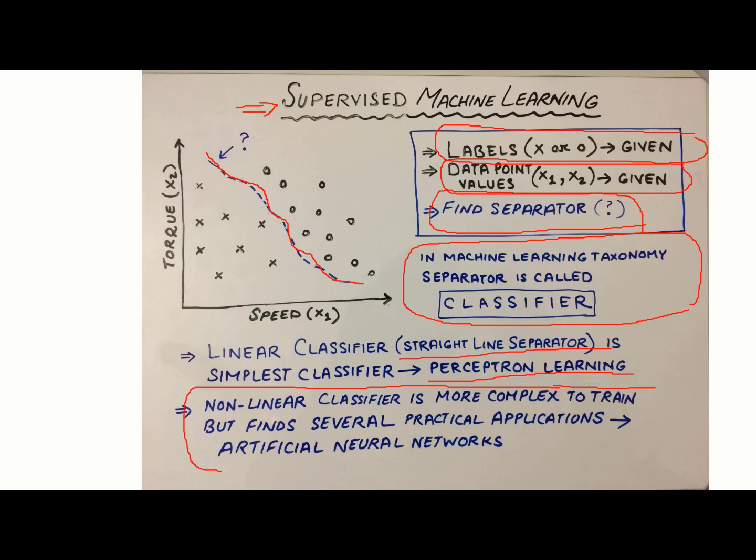In practice, you often need a nonlinear classifier, which is naturally more complex. It is more complex to train because of the large number of parameters, just as if we train our system using a sixth order polynomial, you're learning as many as 7 coefficients.